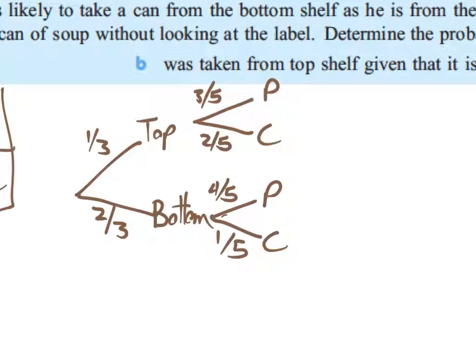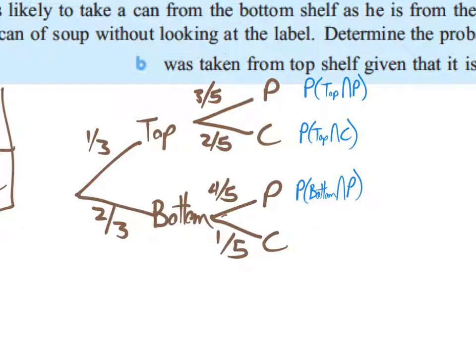Here we have the probability of top and pumpkin, then top and chicken, bottom and pumpkin, and bottom and chicken. We may not end up using all 4 of these, but they're so easy to find that I would recommend always getting all of them.